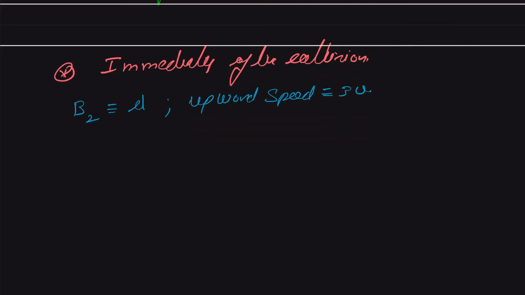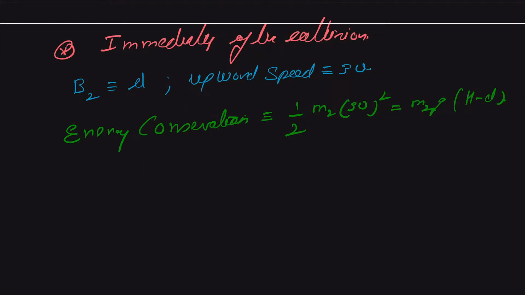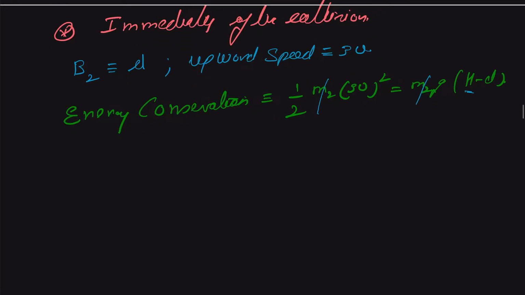Therefore our energy conservation gives us half m2 (3v) square is equal to m2 g (h minus d). Okay. And this is quite simple to solve now. This m2 and m2 goes away, and we are supposed to find h.